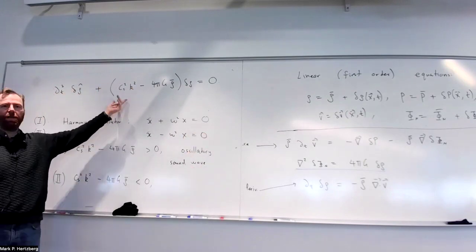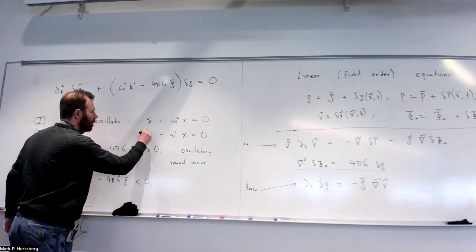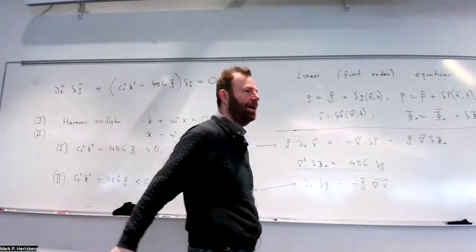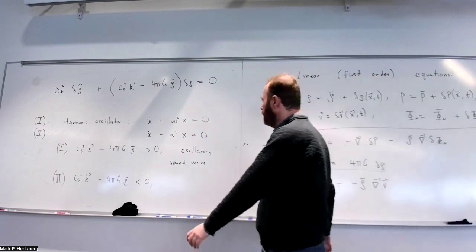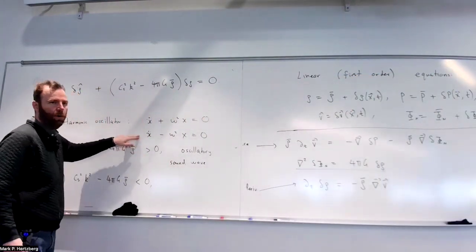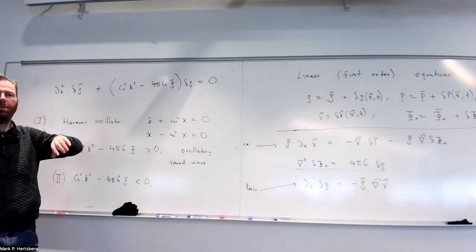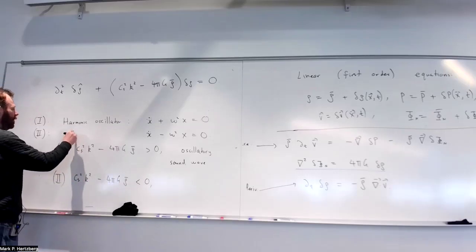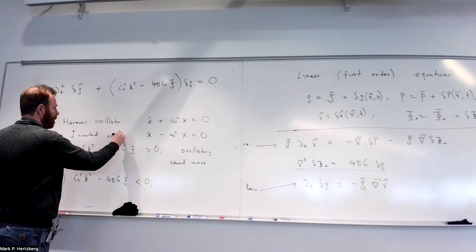If you flip the sign of that, that's an upside down harmonic oscillator. Or if you like, it's more like a ball near the top of a mountain: you perturb it slightly off the top and it wants to roll away. Whatever you want to call that, an inverted oscillator, it doesn't matter.